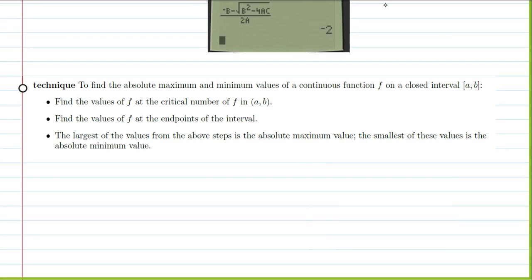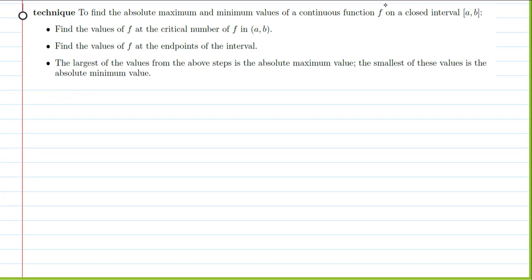Because we know if we have a continuous function on a closed interval, they're guaranteed to exist. So this algorithm will find them 100% of the time. So we need to find the values of f at the critical numbers of f in (a, b), find the values of f at the endpoints of the interval, and then the largest of the values from the steps above is the absolute max, and the smallest of the values is the absolute min.